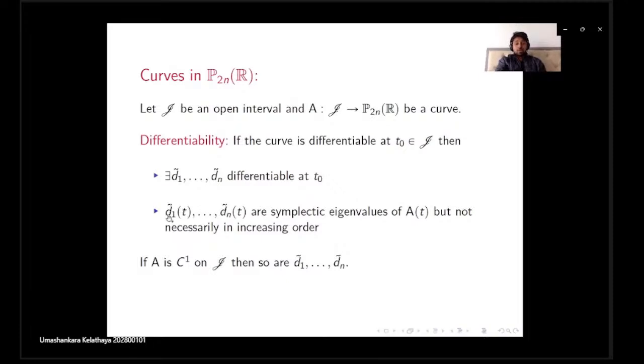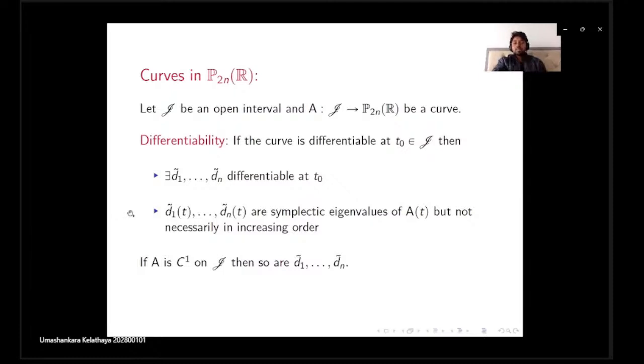Here we have used this notation d1 tilde up to dn tilde to emphasize that these n numbers are not necessarily in the increasing order that we get from Williamson's theorem. Furthermore, if this curve is assumed to be first order continuously differentiable, then there exist continuously differentiable symplectic eigenvalue maps in this sense as well.